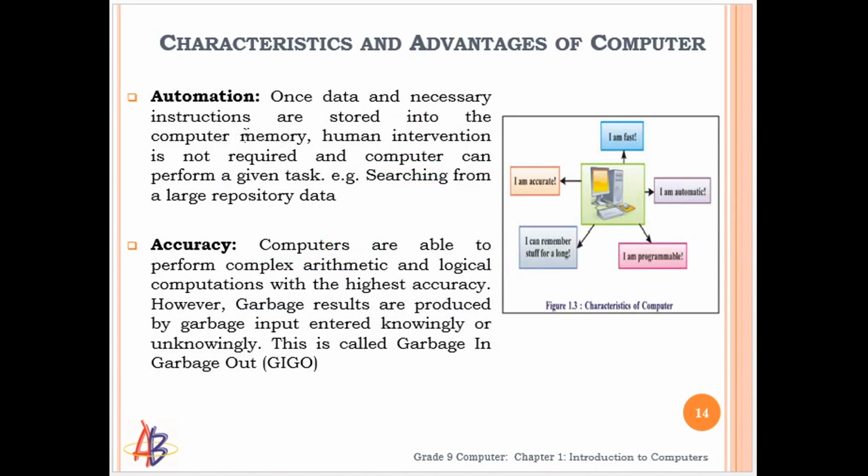Once the data and the necessary instructions are stored in the computer memory, human intervention is not required and the computer can perform a given task. For example, searching in a large repository of data. Suppose you have a folder with around 500 to 600 files, and you want to find one file among all of them. You only write the name of the file that you require and press enter.